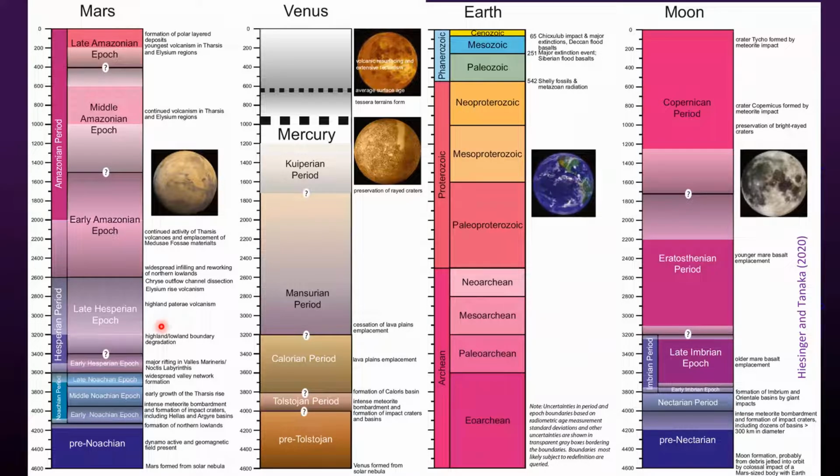Okay, and then the goal with all of this, the mapping and the organization of the units into ages, is that we ultimately want to compare the Moon here on the far right with the geological history of the other planets. I've just put the terrestrial planets here. This information is available in this Hiesinger and Tanaka 2020 planetary timescales chapter.